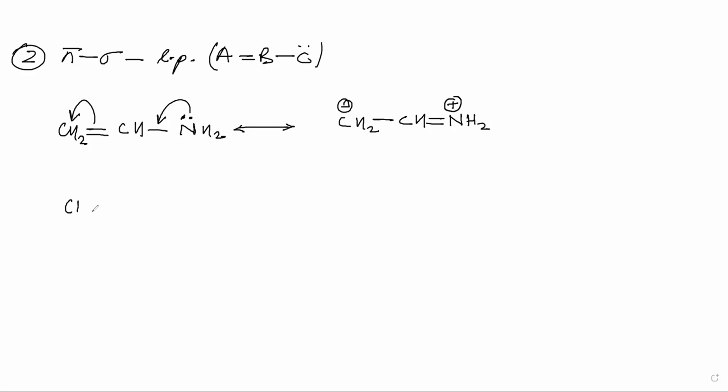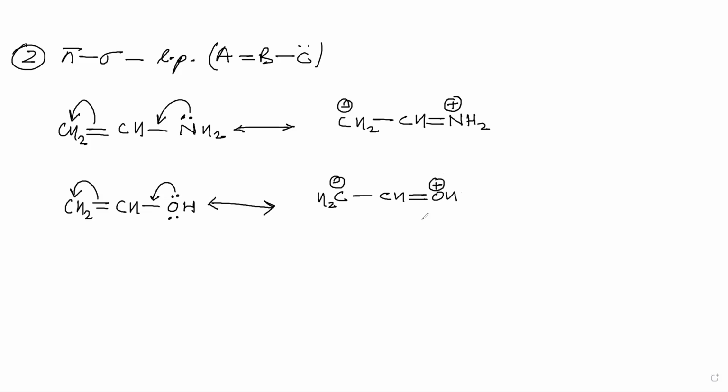CH2 double bond CH, single bond OH, and OH has 2 lone pairs. So what will this be? Again the same thing, movement of the lone pair from here to here, and this will be CH2 negative, single bond CH, double bond O and H. Now when oxygen has 3 bonds, it will get a positive charge.